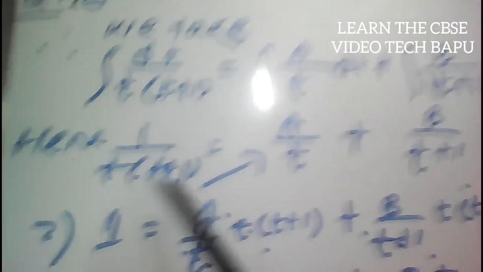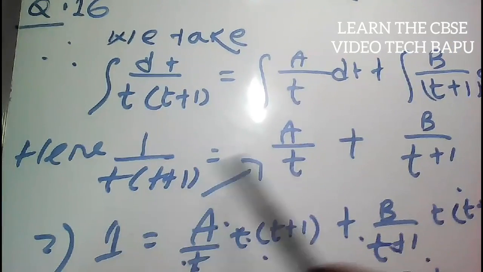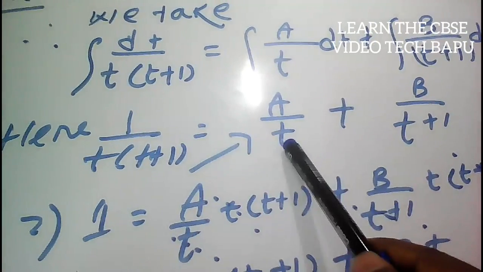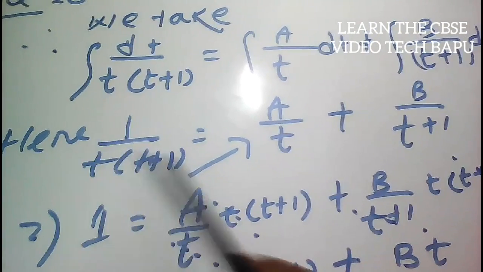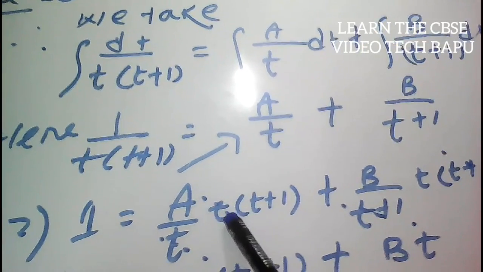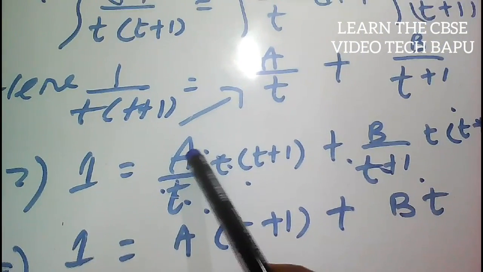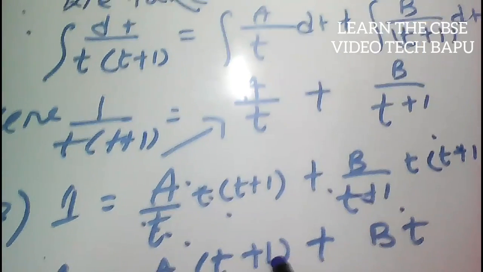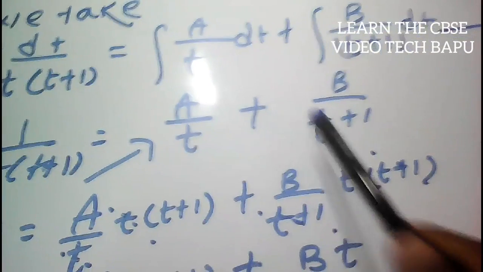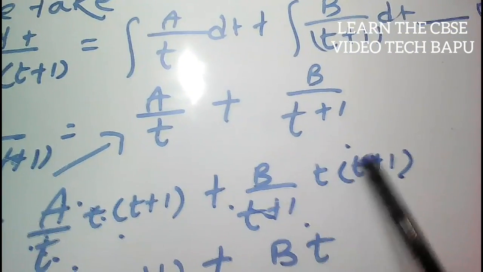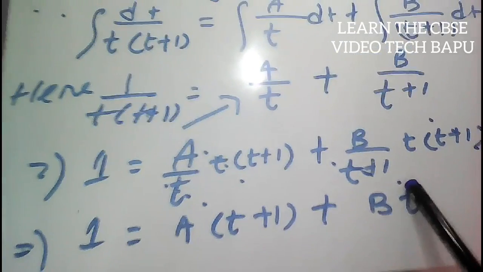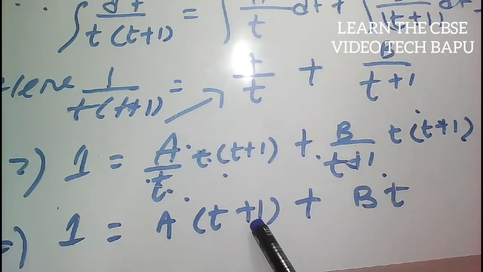Now modify this by taking this value to this side. You can clearly see that a by t is multiplied by t into t plus 1, and t cancels out by t, so you get a into t plus 1. And b by t plus 1 is also multiplied by this value, and t plus 1 is cancelled out by t plus 1, so you get b into t. So the equation is 1 is equal to a into t plus 1 plus bt.